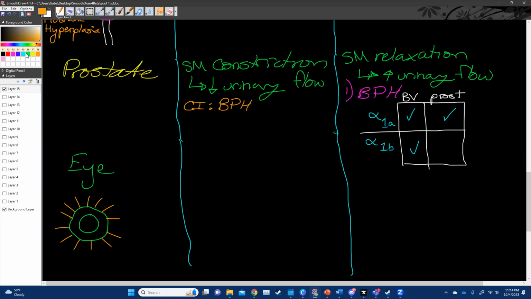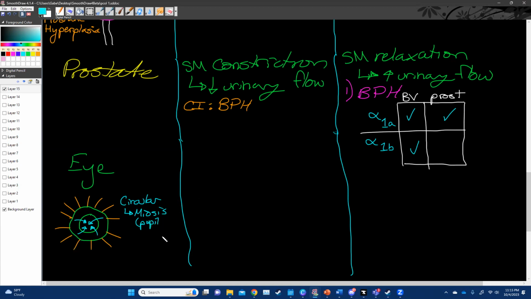If you remember, the radial muscles in the middle cause meiosis. They contract inwards. So I think I said the wrong one. The circular muscles on the inside cause meiosis, which is the pupil gets smaller.